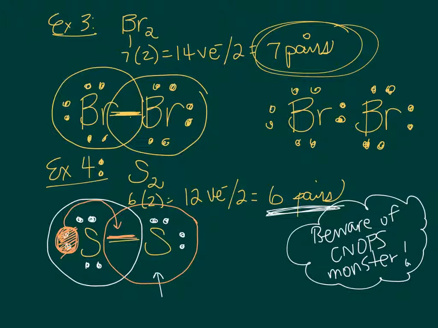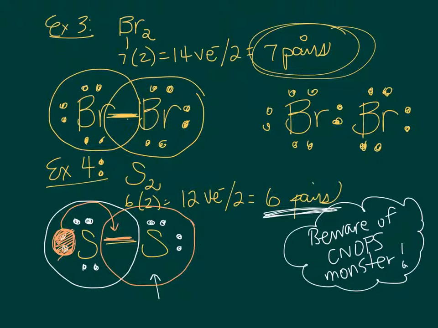So everybody's octet is full and stable, and it's a double bond. So it might look like this if it was all pretty. Sulfur, double bonded to sulfur, with 4 electrons on each side.